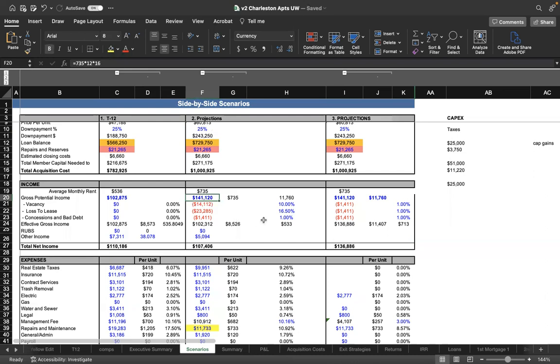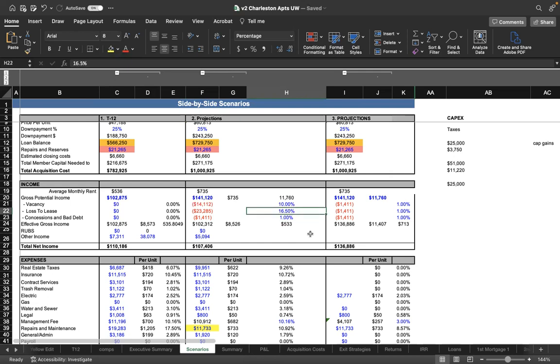Below that, you assume for vacancy and loss to lease, which means, let's say market rents are $1,000 and the rents you are achieving today are $900, there's a $100 delta, which we call the loss to lease. So $1,000 market rent minus the $900 you're getting today is the $100. That would be your loss to lease.